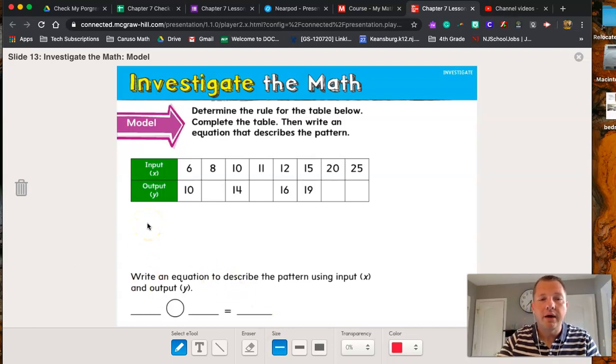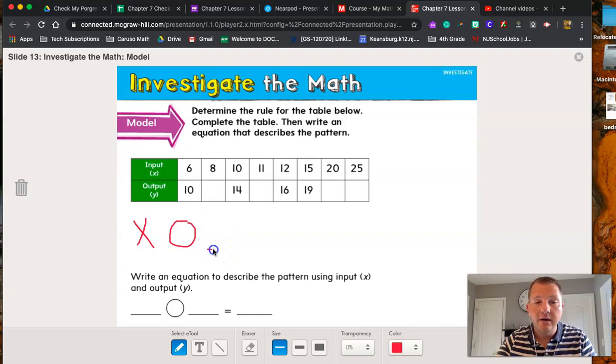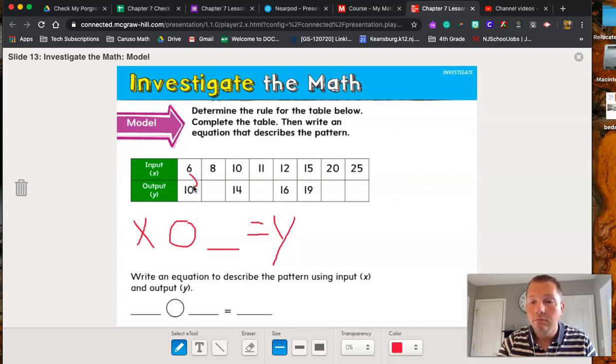Well, we know that we're going to have an unknown, and then we're going to have either a plus or a minus, a multiply or a divide. We're going to have a digit, and then we're going to have whatever our y is over here. All right. So let's take a look. If we look at 6 to 10, what's the difference between 6 and 10? 4, right? 6, 7, 8, 9, 10.